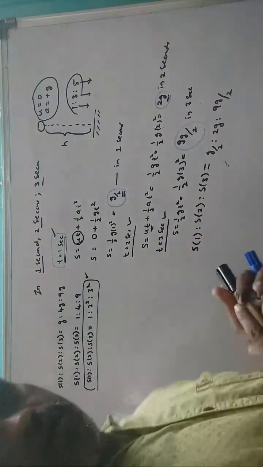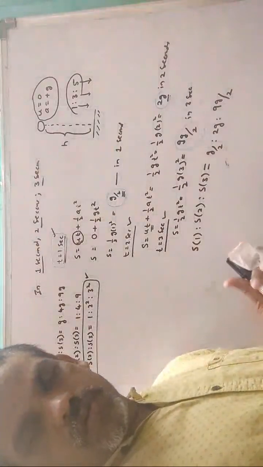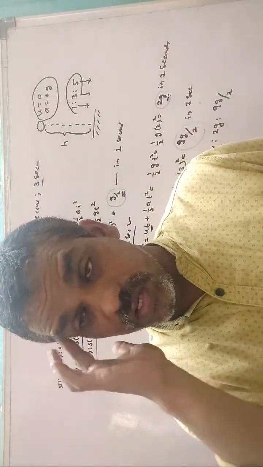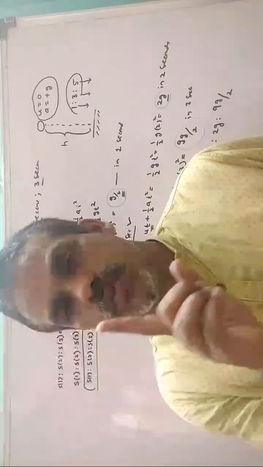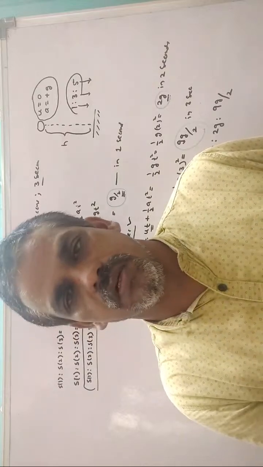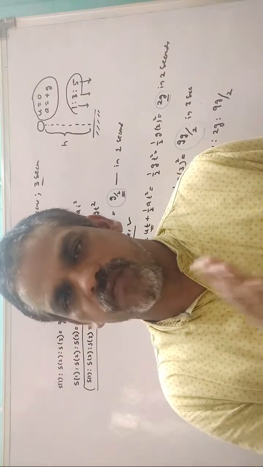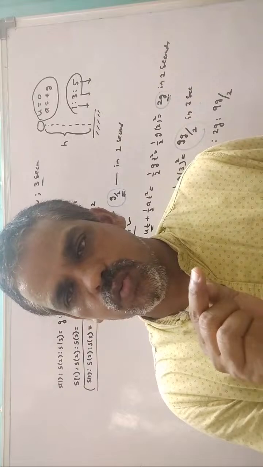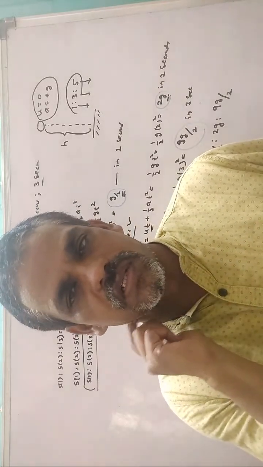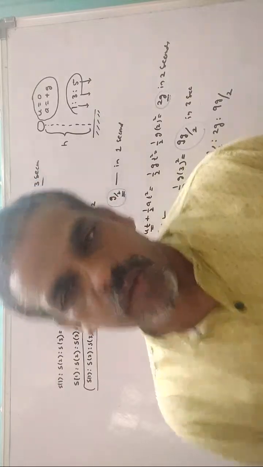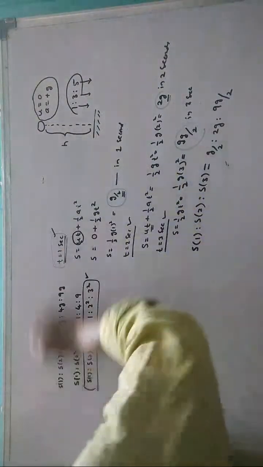Did you get the difference between last class and this class? 1 is to 3 is to 5 is the ratio for the displacement in the first second, second second, and third second. 1 square is to 2 square is to 3 square is for the displacement covered by the freely falling body in the first 1 second, first 2 seconds, first 3 seconds. Okay, just copy it.